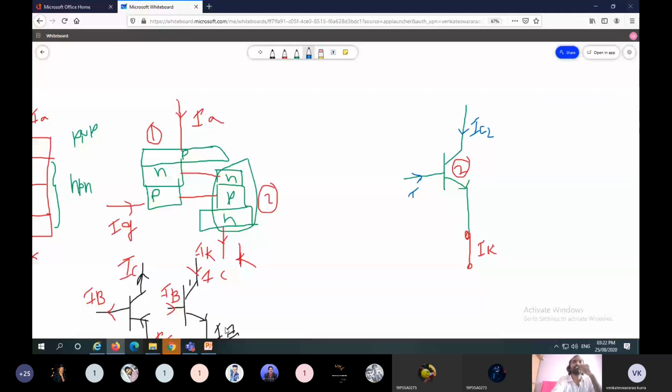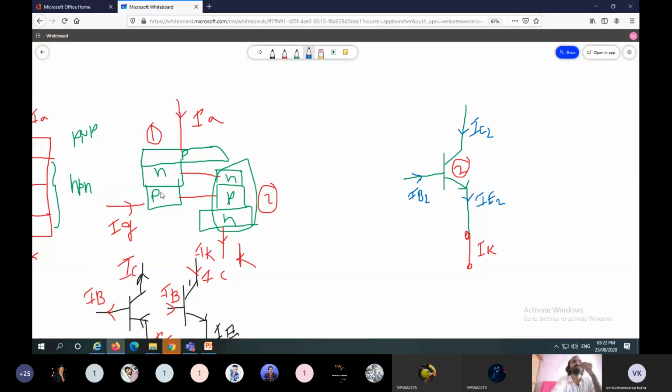This one is IC2 and this one is IB2. This one is the base current to the second transistor, IB2, the collector current to the second transistor is IC2, and the emitter current is IE2. So this one is the second transistor and this one is the first transistor.